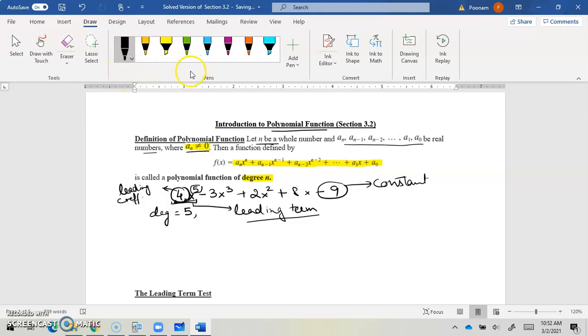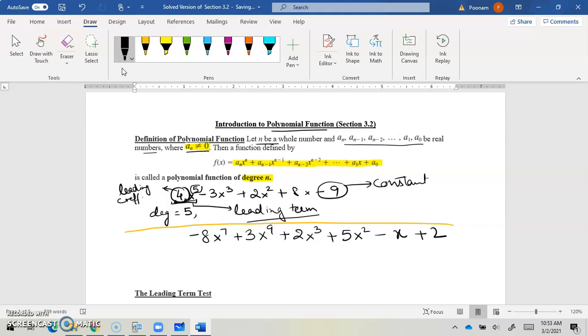Let's take another example. Say we have -8x^7 + 3x^9 + 2x^3 + 5x^2 - x + 2. Now, if you notice, this polynomial is not in the standard format.